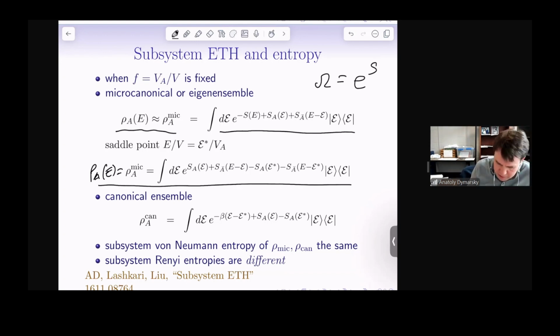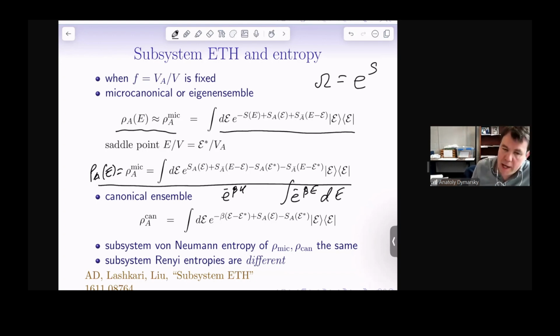You can also play the same game for the canonical ensemble, where your global state is e to the minus beta H. This is a canonical ensemble or Gibbs ensemble or thermal state. Different people call it differently. You can apply the formula from the previous slide, with the only difference being that you have to integrate with the weight e to the minus beta energy and integrate over the energy of the full system.